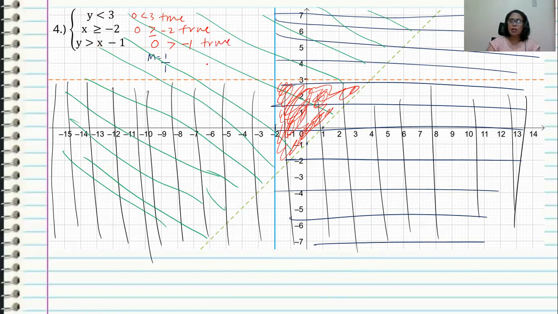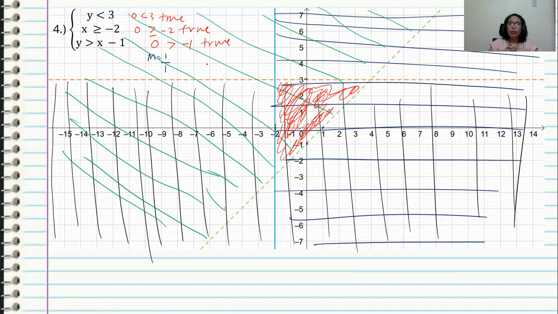So basically, finding the solution for the system of linear inequalities requires us first to solve the system in the slope intercept form. And then draw a line or a dashed line represented by each inequality. And then shade the region for each inequality represented by the solution.